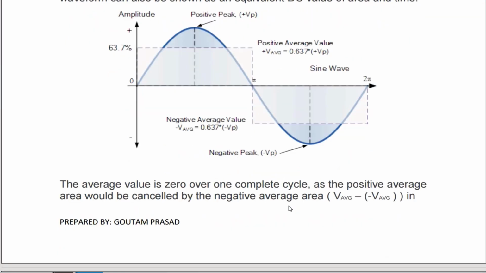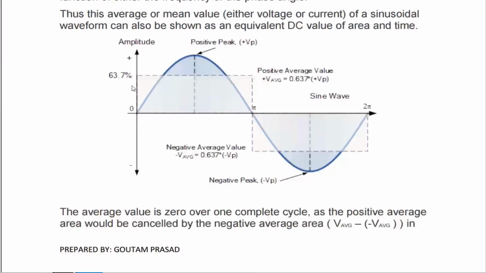So here you look at this picture, this 63.7% is the value of the average voltage. This line has been drawn to show you that this is the level of the average voltage, and positive average value is this. And then you have negative average value for the negative half cycle.